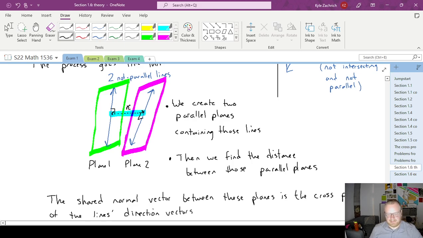So that sentence is kind of a lot to take in, but here's a direction vector on this one. Here's a direction vector, let's call it V, on this one. When we take the cross product of U and V, that's going to give us this normal vector between them.